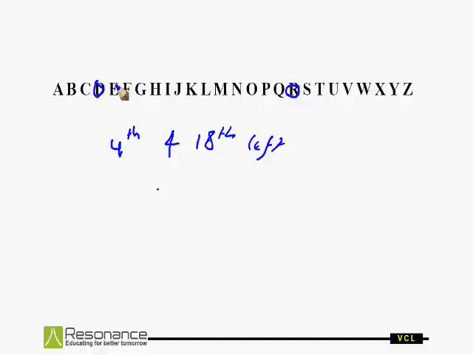So we count that E is the first letter after D, Q is the first letter before R, and then F, P, and so on, and finally the answer is K.